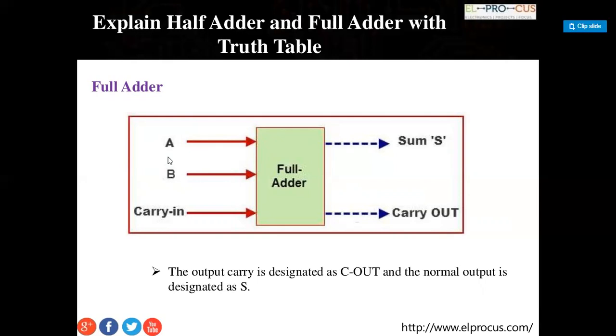On the output side, two ports are present. The first port we call the sum, and the next port we call the carry out. The carry out is designated as C out, and the sum is designated as S.